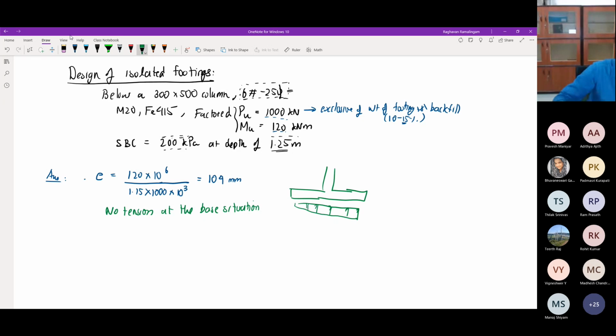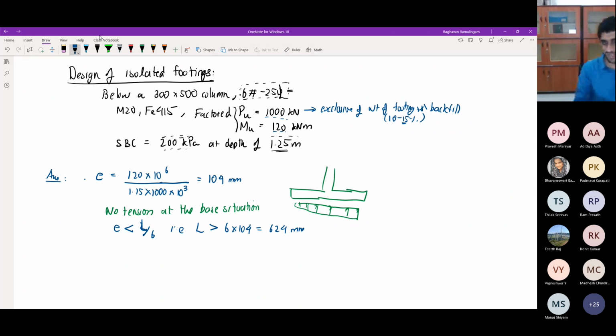There's no change of strain anywhere along the width of this footing. That, if you remember, is given when the condition is e is less than L by 6. When this is satisfied, nowhere on the footing is there any pulling. In other words, my length should be greater than 6 into 104, which is 624 mm.